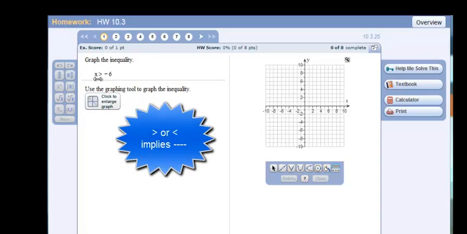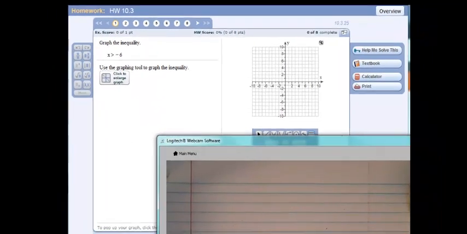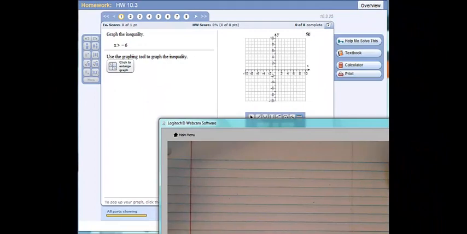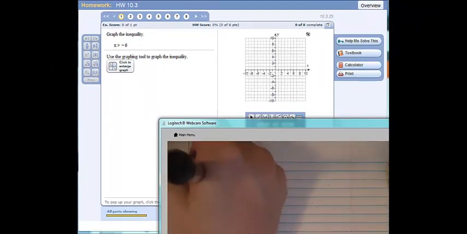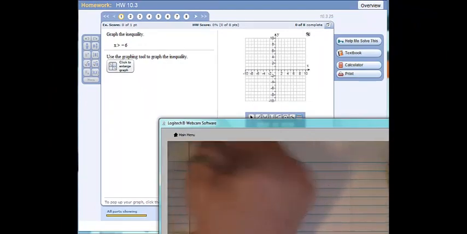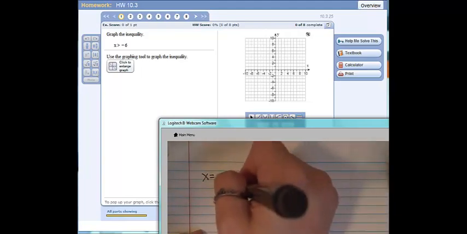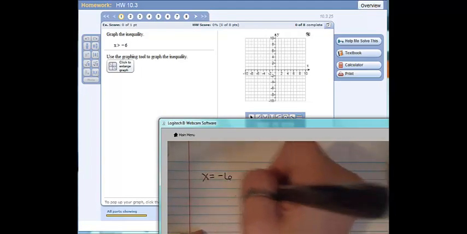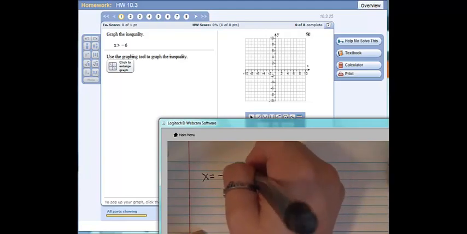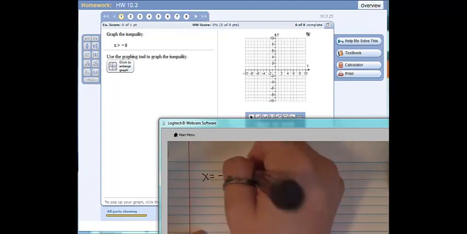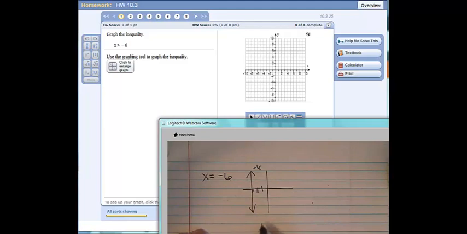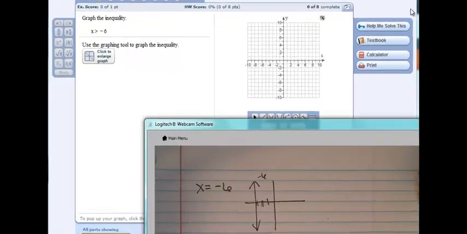And if you remember back to chapter 4, when we had x equals negative 6, that told us that we had a vertical line at x equals negative 6. So similarly, we're going to have a vertical line in this case. It's just going to be a dashed line. Okay? So we're going to do that, and then we're going to have to test a point.